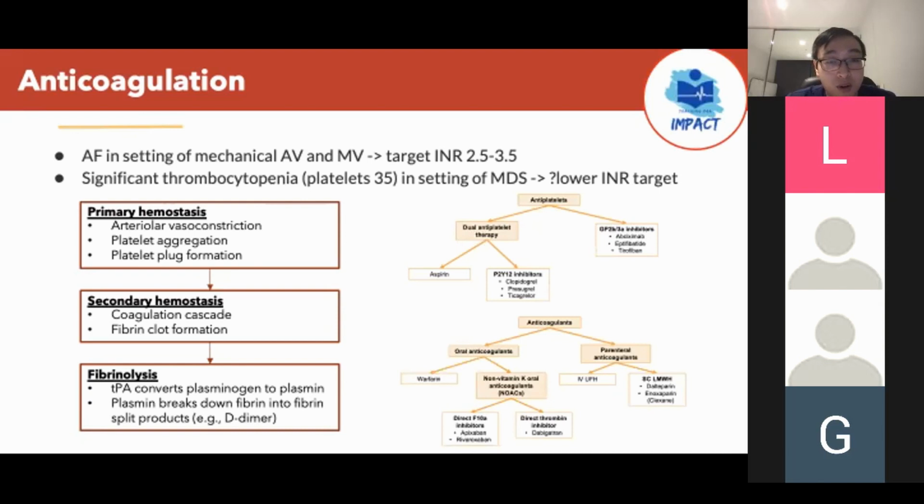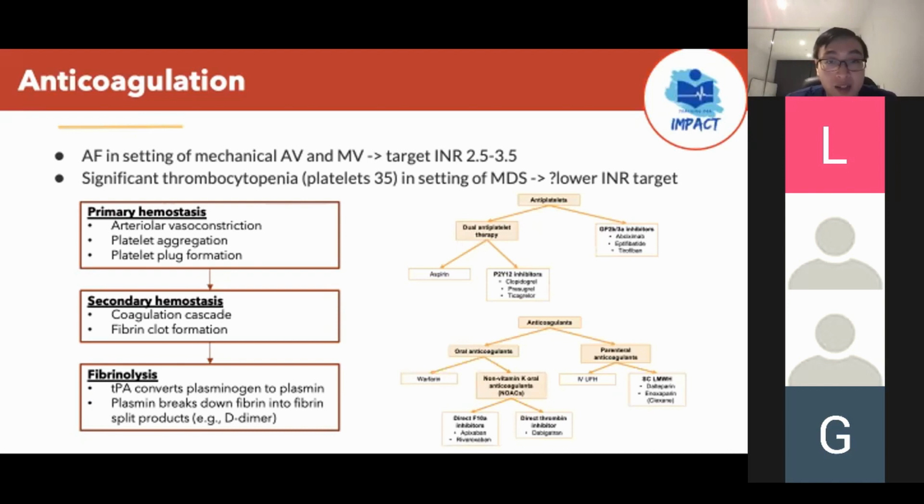The prothrombinase complex is responsible for activating prothrombin to thrombin. Thrombin converts fibrinogen into fibrin monomers, which then aggregate to form fibrin polymers. And then factor 13A cross-links these polymers to form and consolidate a fibrin clot.